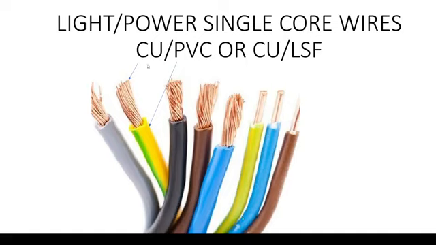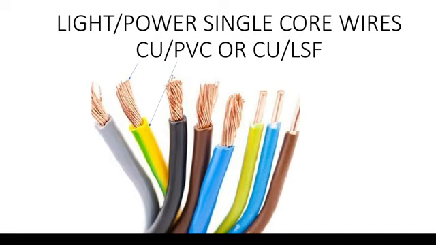Cu represents the copper part, which is usually stranded in single core, or solid copper, but the most commonly used type is stranded. And PVC or LSF, low smoke and fumes, represents the insulation, the outer coating. So it's simply copper coated immediately with a PVC or LSF coating.